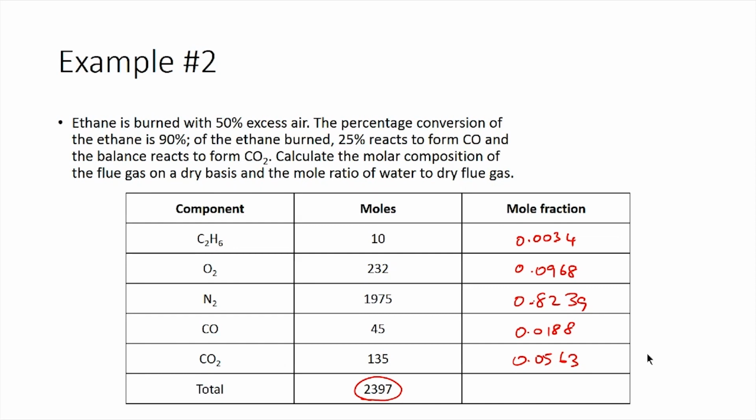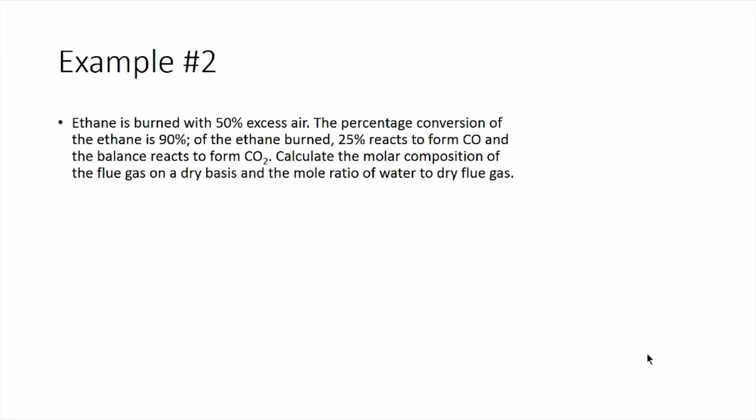Now that we have calculated the composition of flue gas on a dry basis, we need to calculate the mole ratio of water to dry flue gas. We know that the total number of moles of dry gas is 2397, and we also know the number of moles of water. Moles of water was calculated as 270, and moles of dry flue gas is 2397.